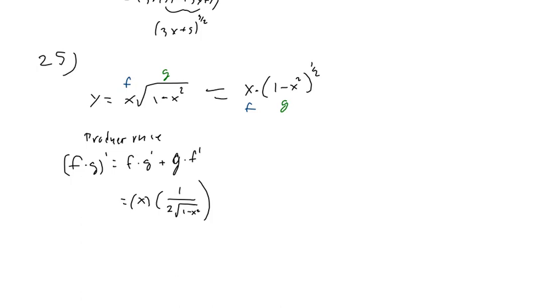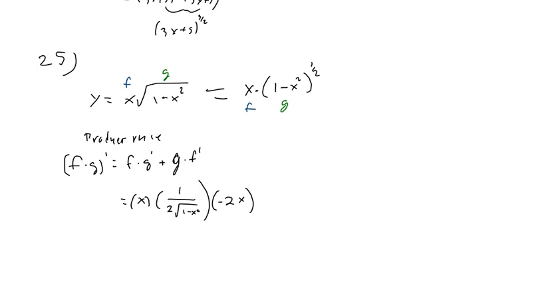So derivative of the outside times the derivative of this inside, 1 minus x squared. This derivative uses the power rule. The 1 goes away, the negative stays, the 2 comes down, so it becomes negative 2x, the derivative of the inside.